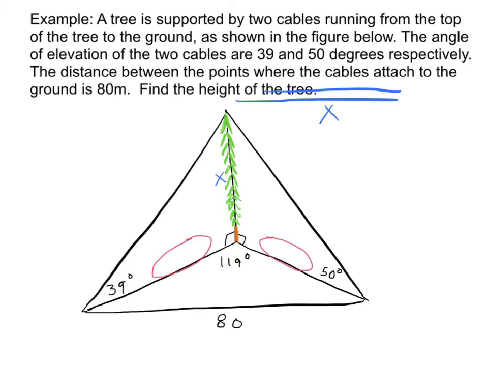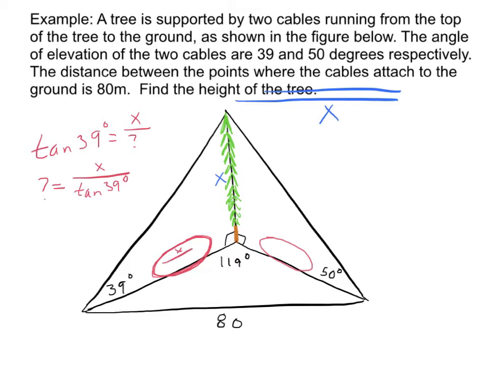Well, focusing on the left triangle, what we can say is that the tangent of 39 degrees would be x over this side here. We'll temporarily call it question mark. So in other words, that question mark side is x over the tangent of 39 degrees.